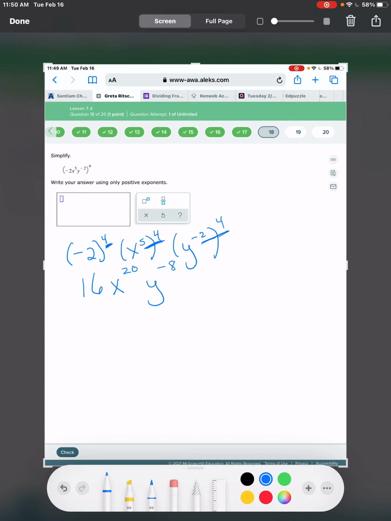When I sort this out, I am going to have 16x to the 20th over y to the 8th on the bottom.